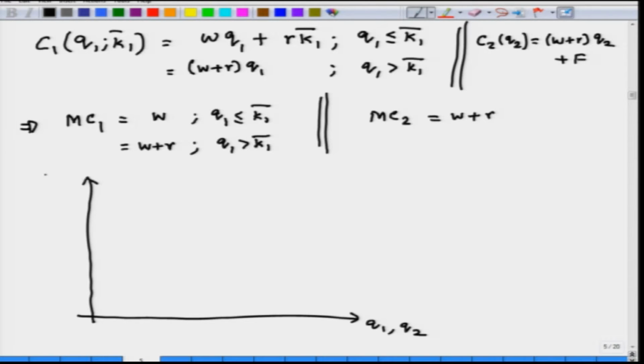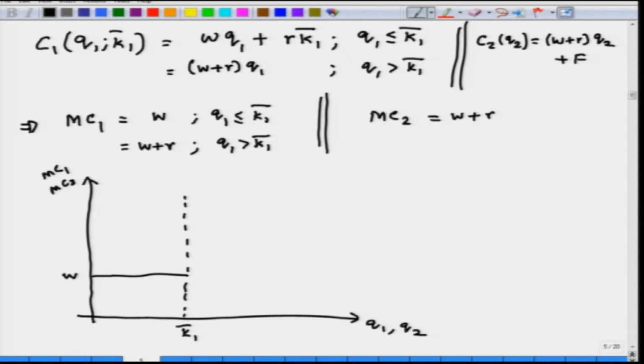so if I look at firm 1's marginal cost and firm 2's marginal cost, let us call it in rupees per unit. So, let us say K1 bar was somewhere here. As long as my Q1 is less than or equal to K1 bar, the marginal cost for firm 1 is W. So, this is the marginal cost for firm 1.